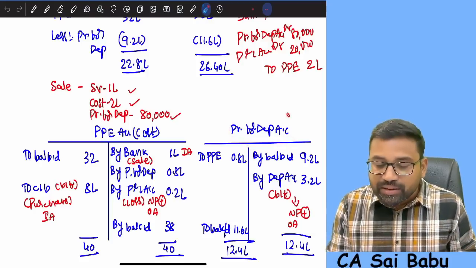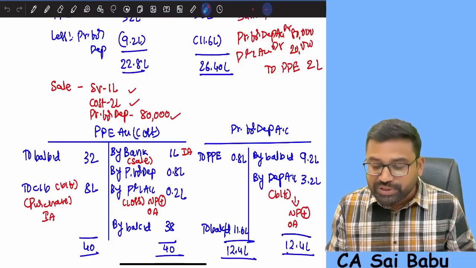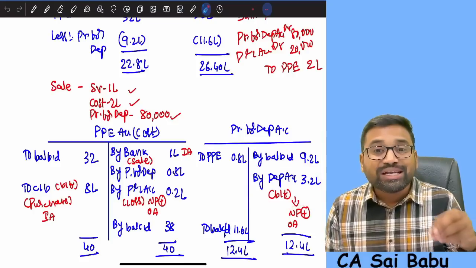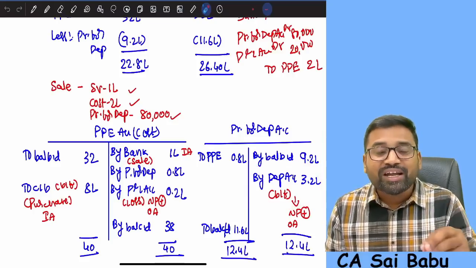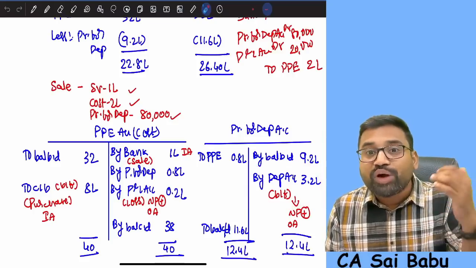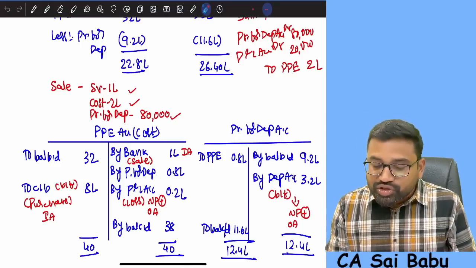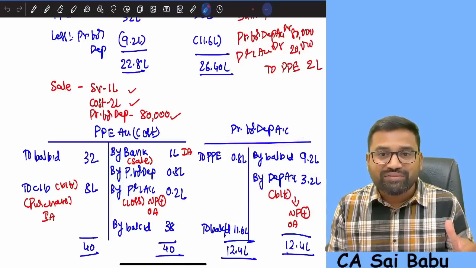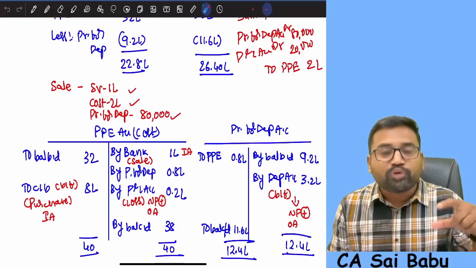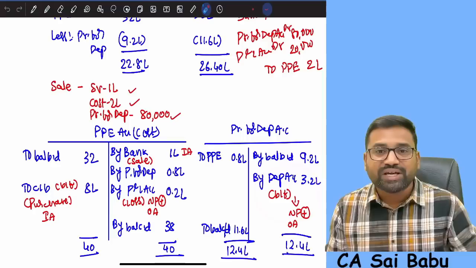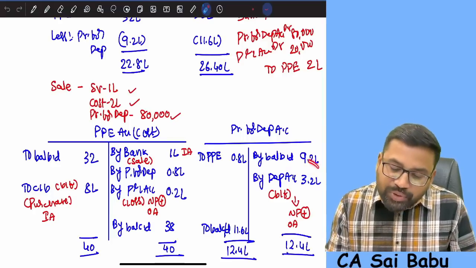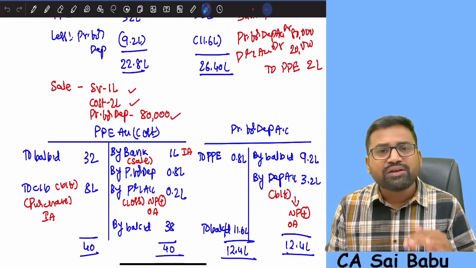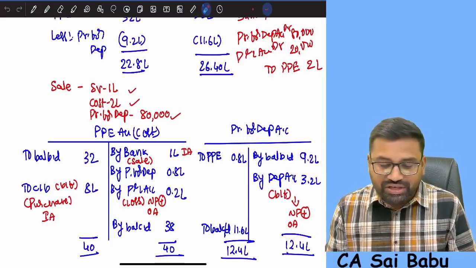Most of the cases, the main purpose of preparing it is to ascertain the depreciation. Depreciation is a non-cash item. You know, in the indirect method, when I want to ascertain cash flow from operating activities from the net profit, I need to add back these non-cash items, right? Sometimes they won't give you depreciation, but provision for depreciation is available. Therefore, prepare the provision for depreciation account to ascertain the depreciation of the current year as the balancing figure. Suppose the current year depreciation is given, no need to prepare the provision for depreciation account.